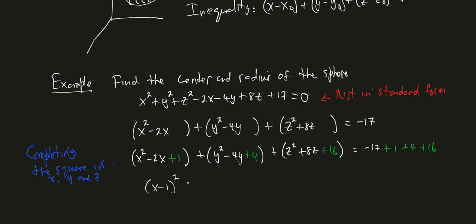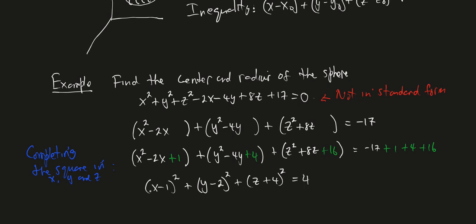This factors as y minus 2 squared, and this factors as z plus 4 squared. Right? So that's what we did there. Our trick was completing the square. And on this side, what do we have? We have negative 17 plus 21, so that's a positive 4.